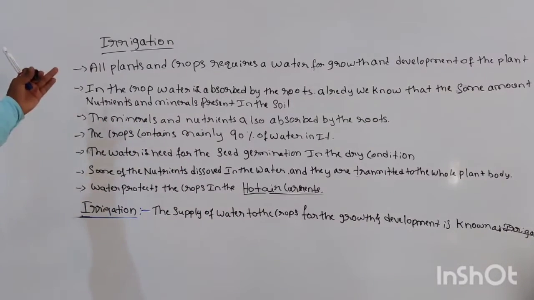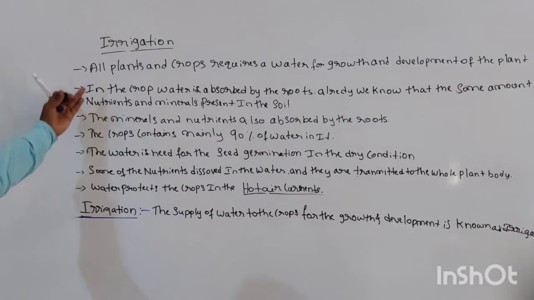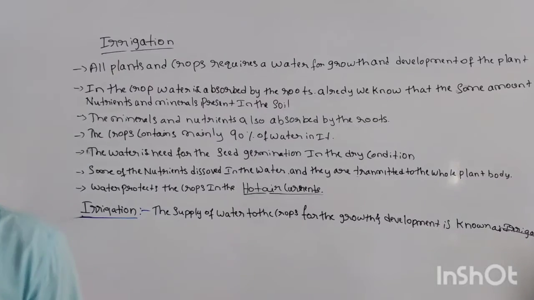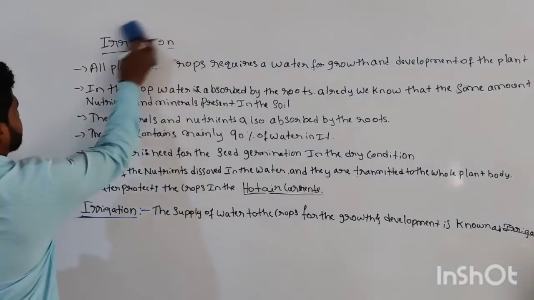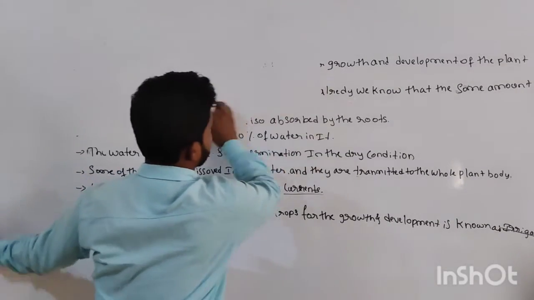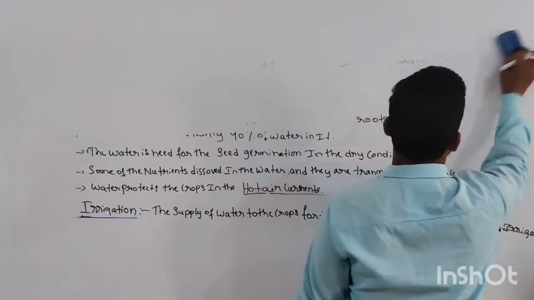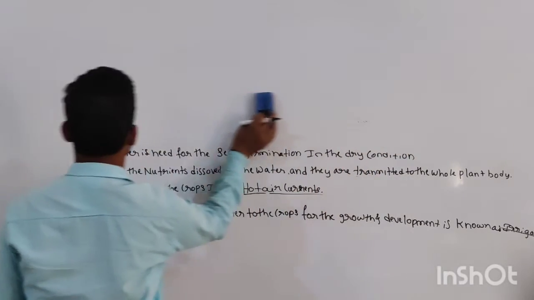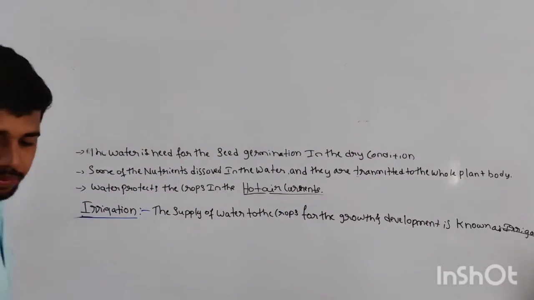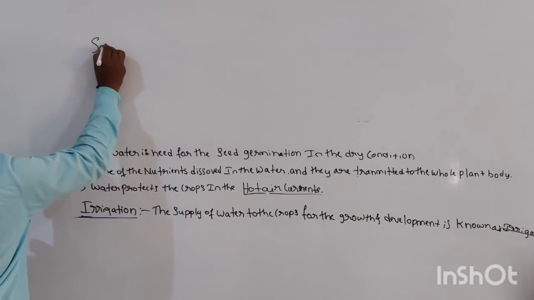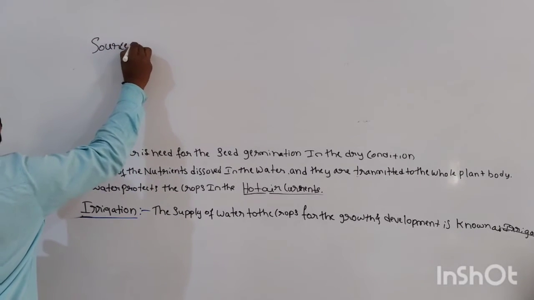We have learned the points about irrigation and the definition of irrigation. Now we can learn about the sources of irrigation.